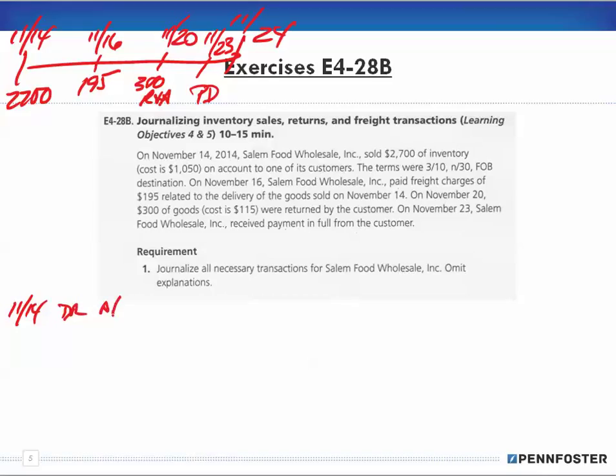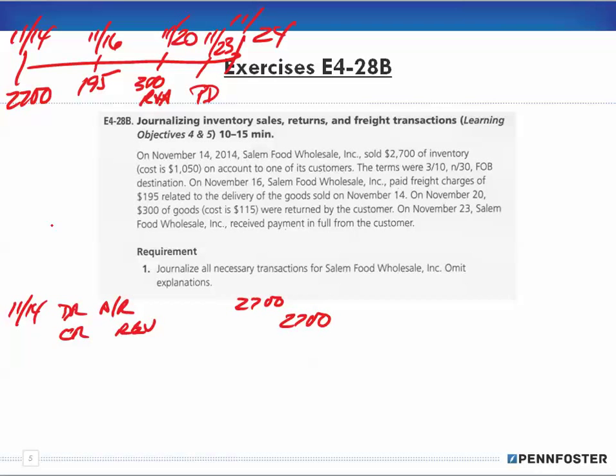That means we're going to debit accounts receivable for the $2,700, and we're going to credit our revenue account, sales revenue, for $2,700. And because we make the sale, the item is no longer in inventory, so we have to move that item out of inventory.